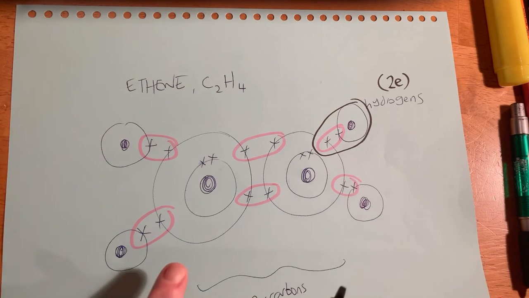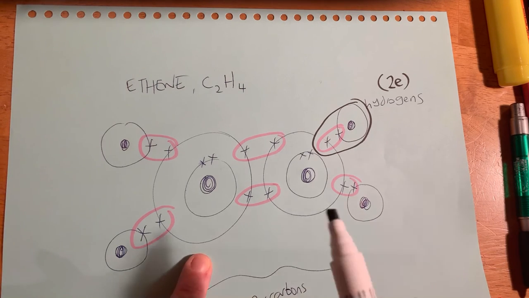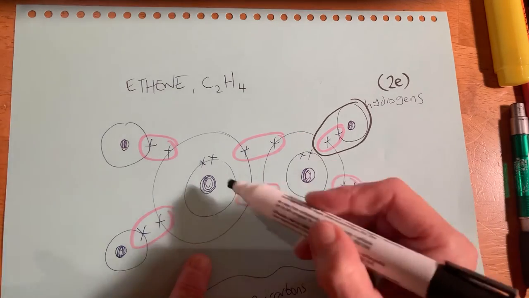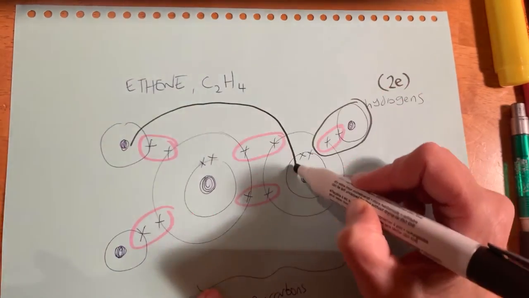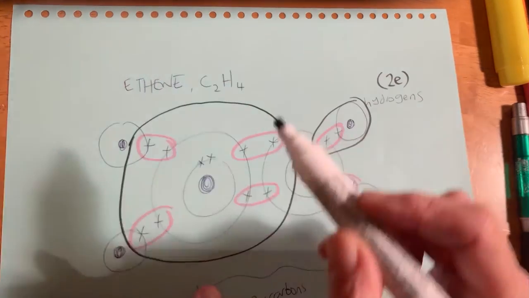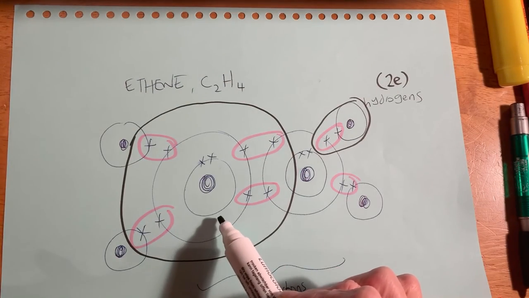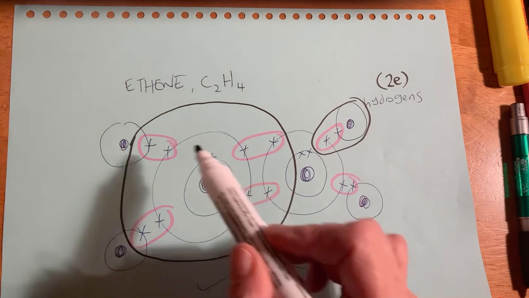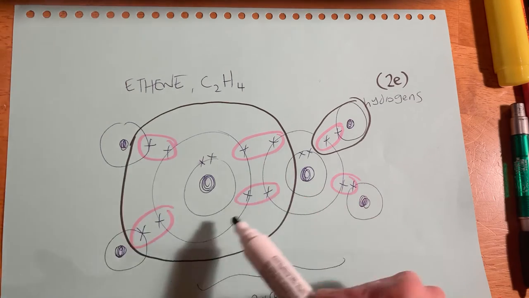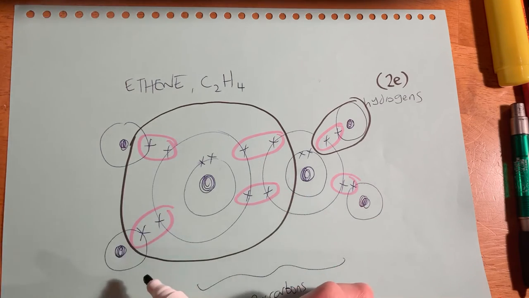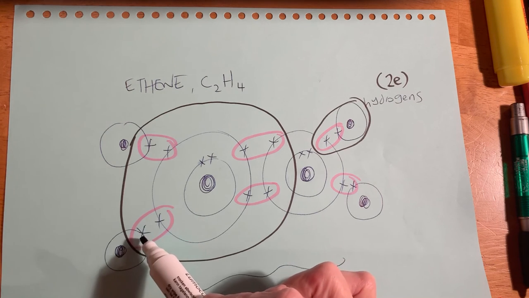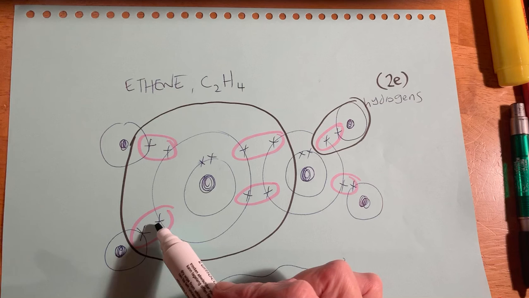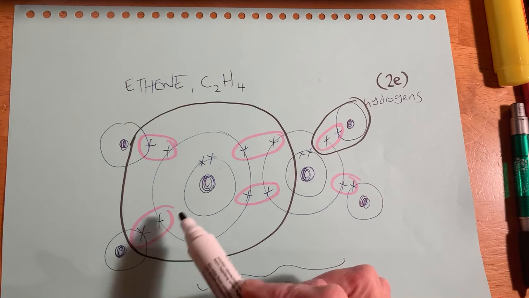Now this carbon here needs 8 electrons in its outer shell to be stable. So if you look at what I'm putting my circle around, the one carbon atom is sharing with another carbon and 2 hydrogens to get a full outer shell of 8 electrons.